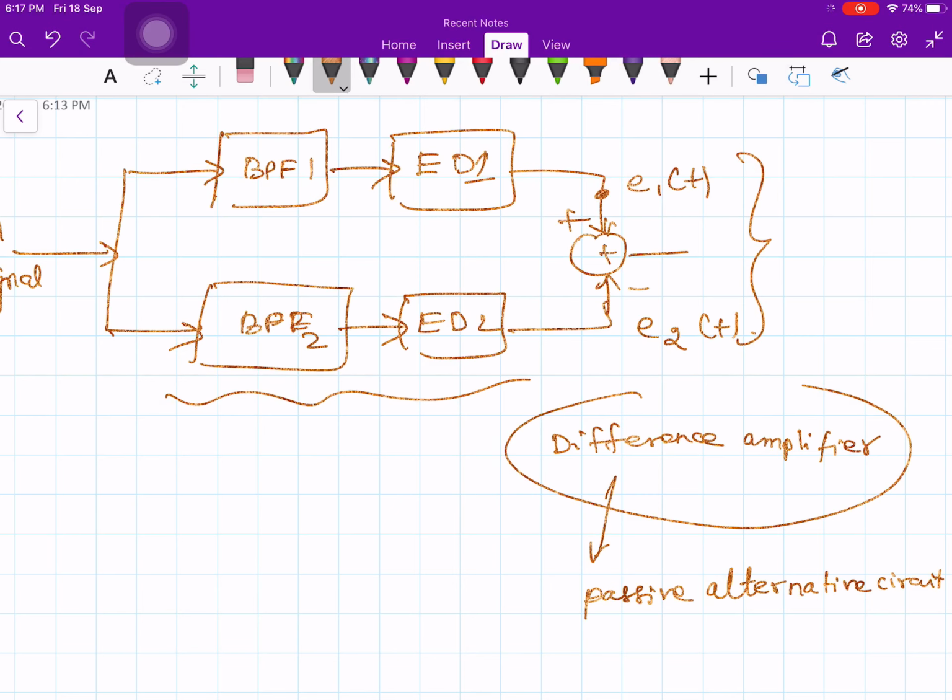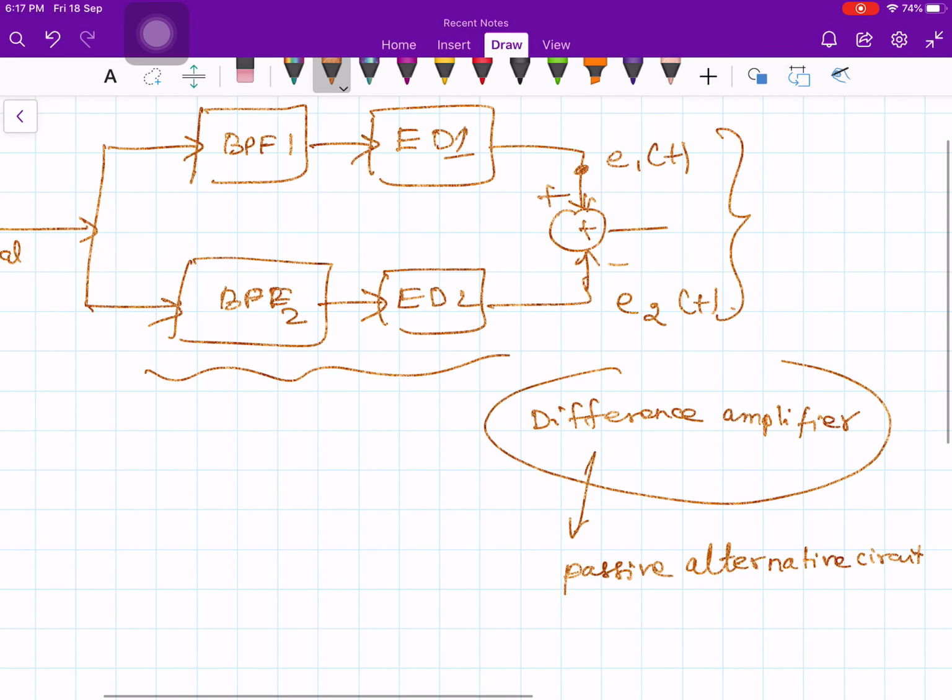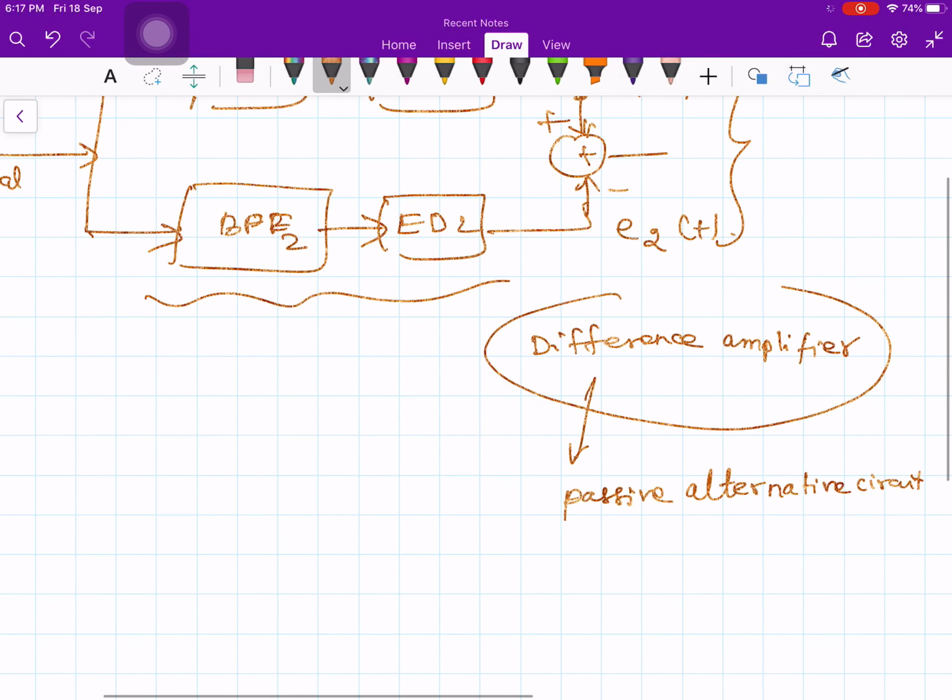Instead of using the difference amplifier, simply you can use resistance and capacitance, and this passive alternate circuit realizes this kind of operation in one go, and a difference amplifier is not needed.